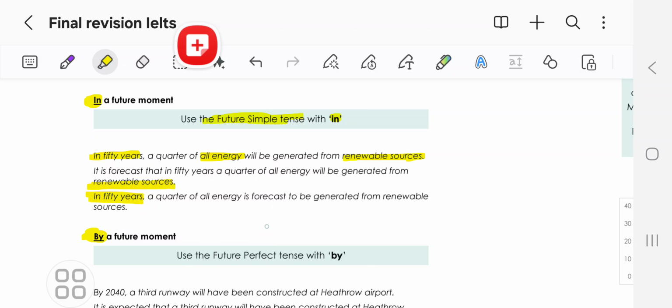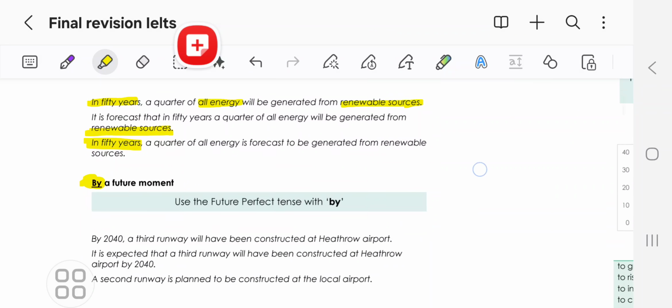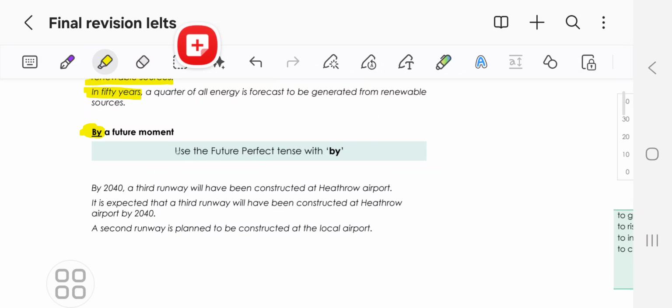You can use it in future. To refer to a future moment, use the future perfect tense with 'by'. For example, you can start the sentence by saying, by 2040 a third runway will have been constructed at Heathrow airport.